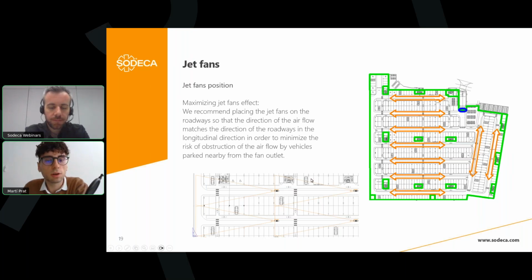So imagine I draw the cone of the jet fan of size 29, and I see that the cone is not in contact in parallel with the other jet fan. So I know I have to install a bigger jet fan in this case with more thrust.